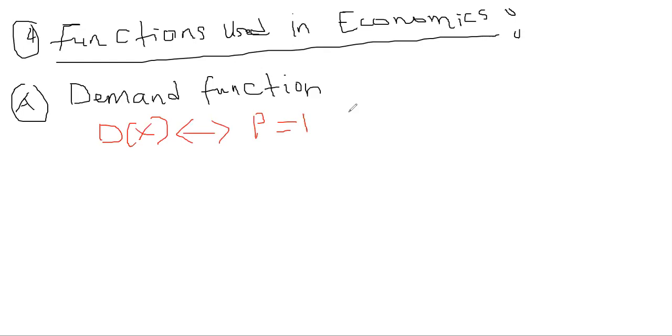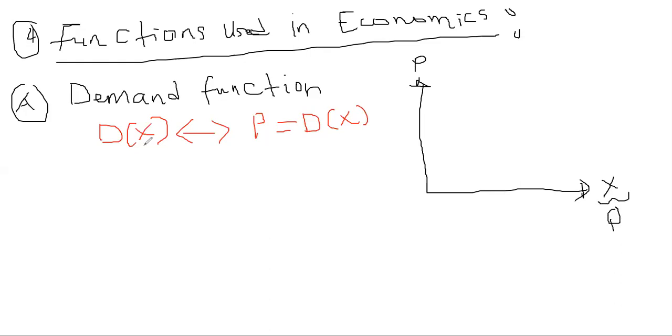So let's try to visualize this function. On the vertical axis we have p, which is the price, and on the horizontal axis we have x. Sometimes you will see Q as the same thing as quantity, so they will remove x and put Q there. It's the same thing.